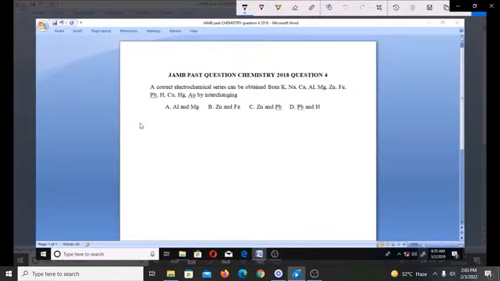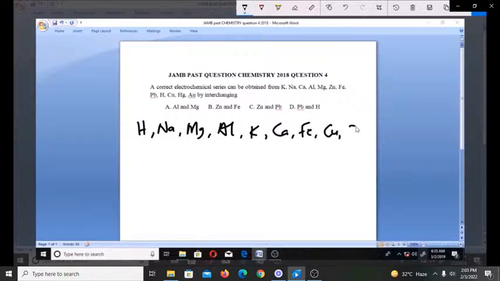We are supposed to have H, then Na, then Mg, then Al, then K, then Ca, then Fe, then Cu, then Zn, then Ag, then Au, then Hg, then Pb.